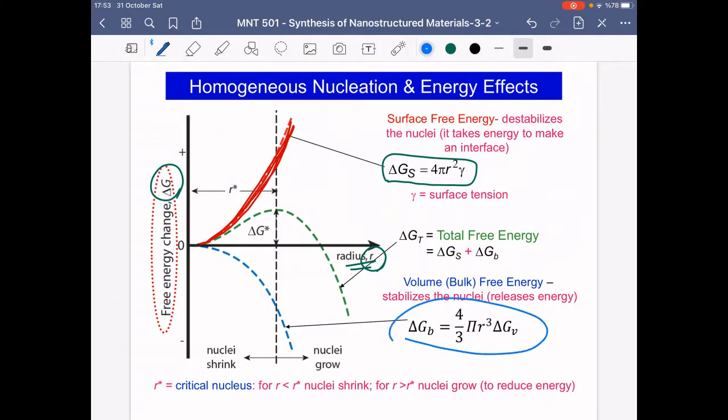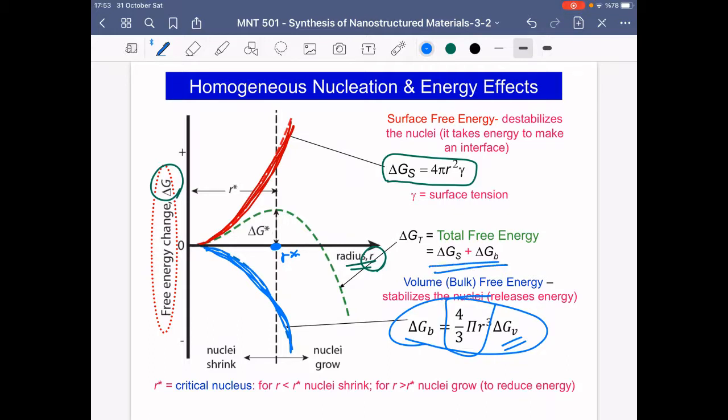My bulk term is a volume term and this is always negative as my R grows, okay? And where does the nucleus form? The nucleus forms at this R critical. If you sum up the blue and the red, this gives me the total free energy.